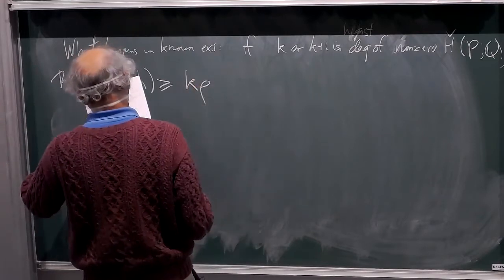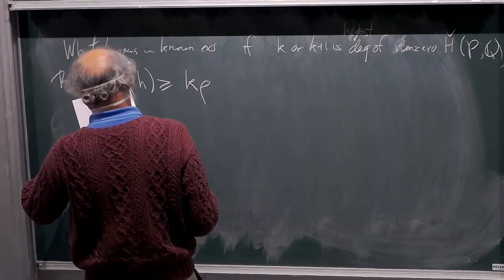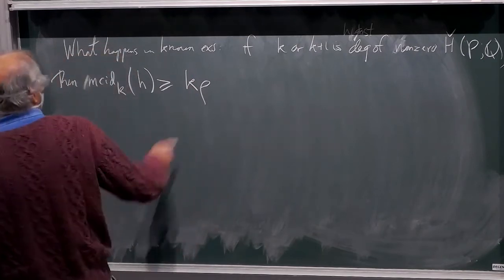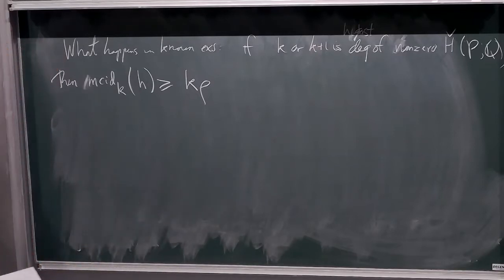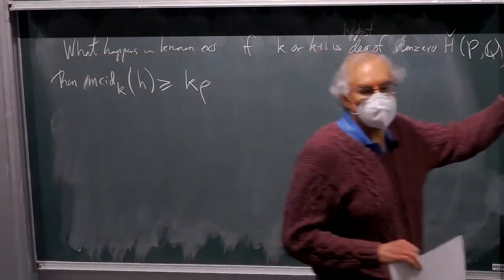I want a 2 in here. Let's see. No, I don't want 2 because K is already even. So imagine that P was a sphere, an even sphere. Then you're getting rho, which is the density, times the dimension of P.